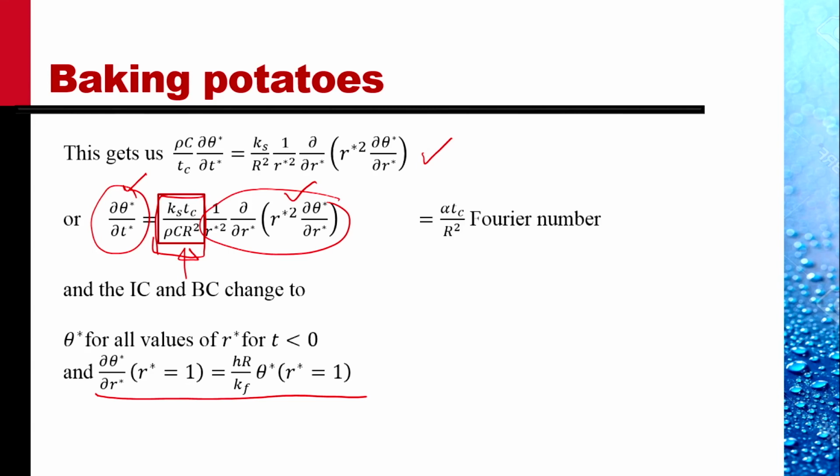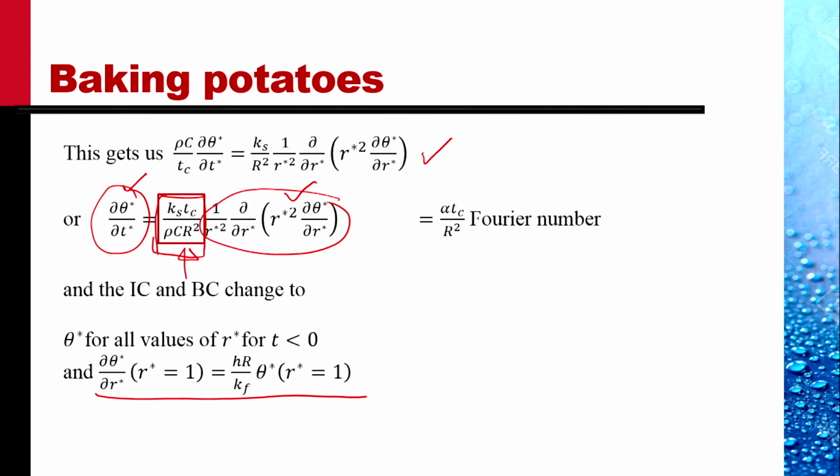Two parameters. One is K tc divided by rho C R square. And using alpha, the thermal diffusivity, for K divided by rho C, the properties of potato. So alpha is the thermal diffusivity of potato.